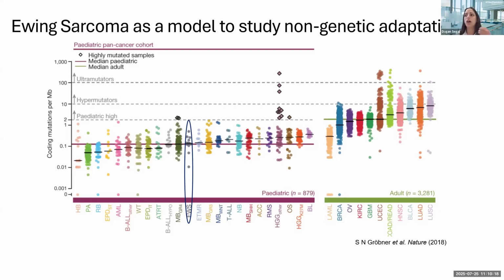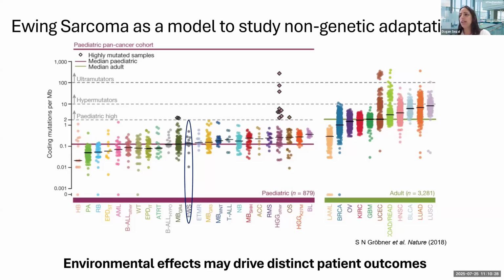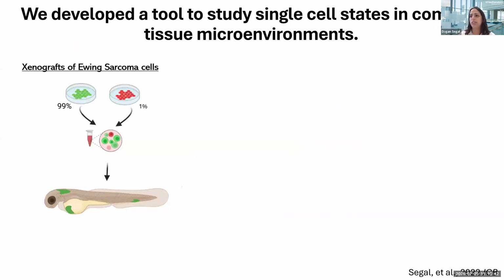So this combination of very low mutational burden and these differences in patient outcomes suggest that environmental effects may drive the distinct patient outcomes in this case, making Ewing sarcoma a particularly good model to study these non-genetic mechanisms of adaptation. So in my postdoc, I leveraged the advantages of the zebrafish and high-resolution imaging when I developed an assay using xenografts in zebrafish to study plasticity in Ewing sarcoma.